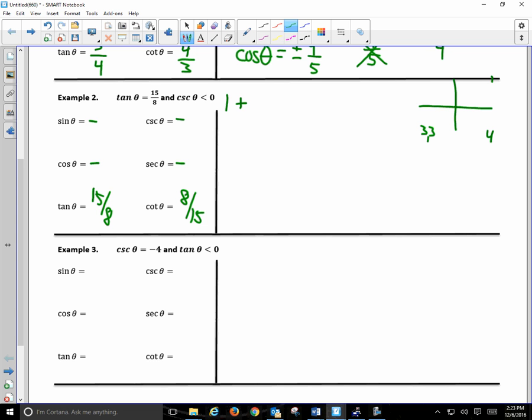What do I get if I square tangent? 225 over 64 is equal to secant squared of theta. I should rewrite the 1 as 64 over 64 plus 225 over 64 equals secant squared.